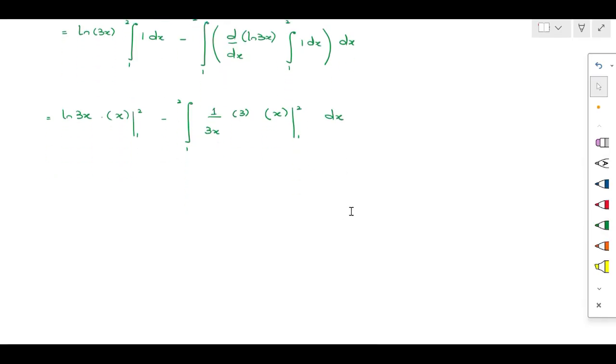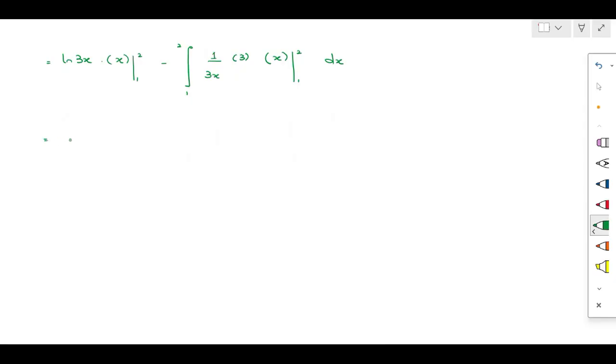Okay, let me simplify this further. Here we have x natural log of 3x. We substitute the limits from 1 to 2, minus the whole integration from 1 to 2. Now here we can cancel x with x, 3 with 3, and only 1 is left, 1 dx.